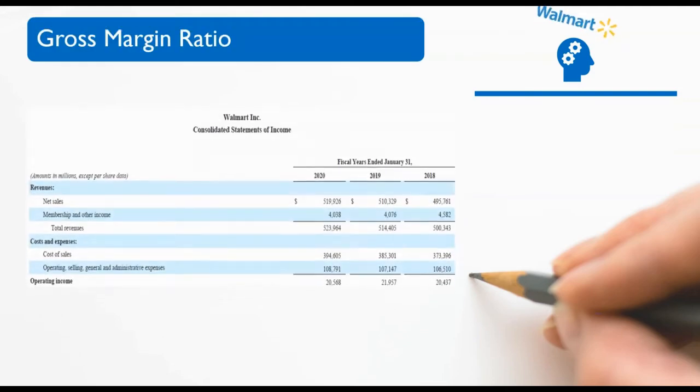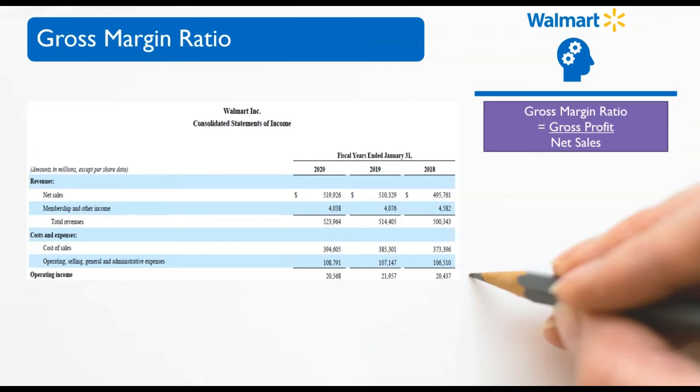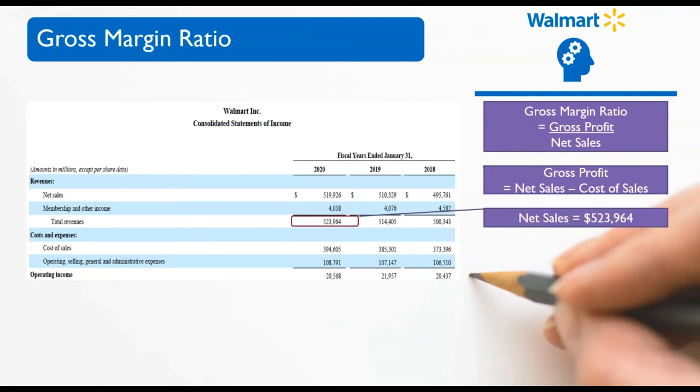Now let's move on to Walmart and see how their gross margin looks. We'll use the same formula, which is we'll calculate the gross profit for the company and divide that by its net sales. For Walmart, we see net sales for the year was $523.9 billion, or a little bit under $524 billion.